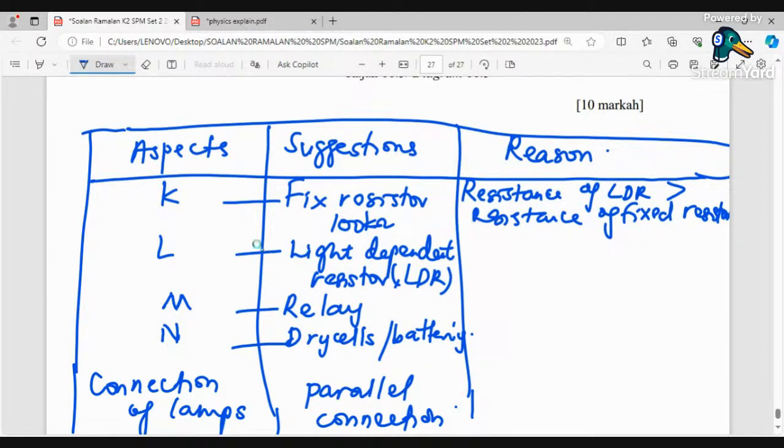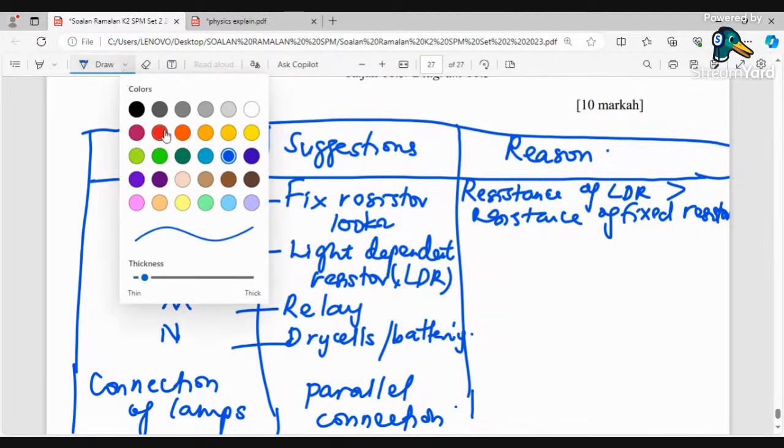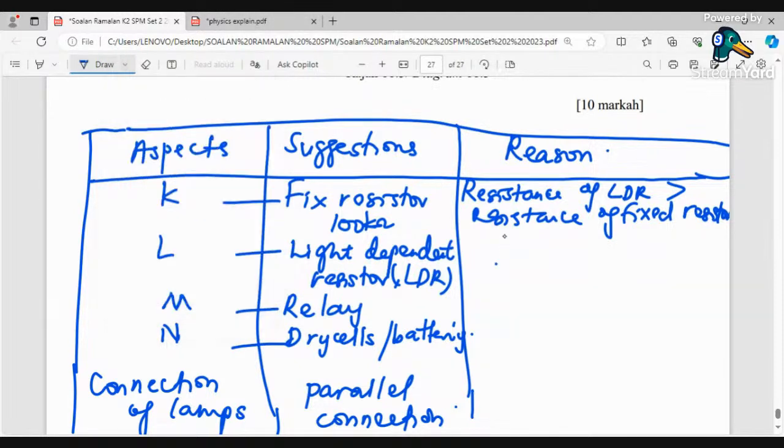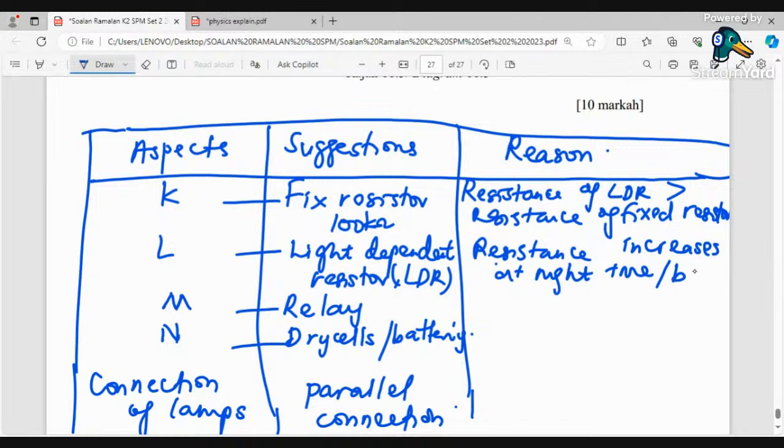Okay, sebab saya tak nak nampak sana. Okay, light dependent resistor, apa property dia? Resistance increases at night time. Ataupun base voltage increases.